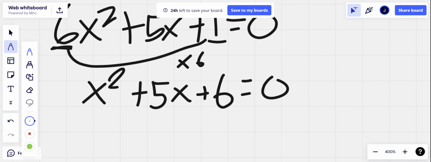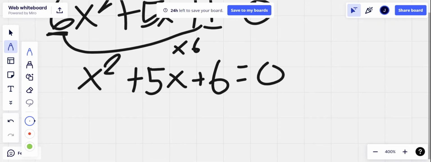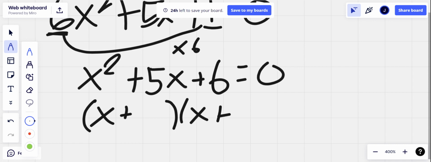Now, this looks more familiar, right? This is something we can factor. What factors would we use? We've got to add up to 5, and we've got to multiply to 6. So off the top of my head, I'm going to say 3 and 2. Let's set it up: x plus something, x plus something, and they both have to be positive.